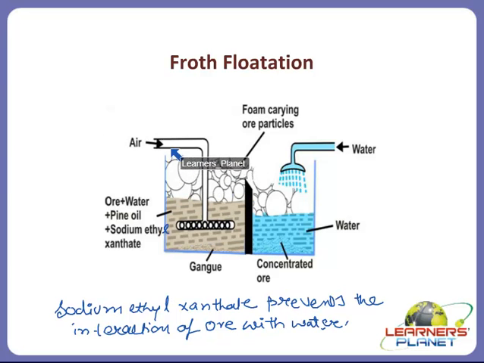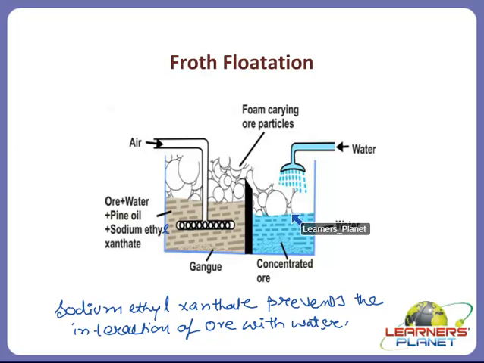Then it is agitated by passing air through it. As the result of which what happens? The ore particles come to the surface. And this will form foam due to the presence of air. Bubbles stick to it. Now what happens next is that the froth is collected over water and the gangue particles are collected separately.